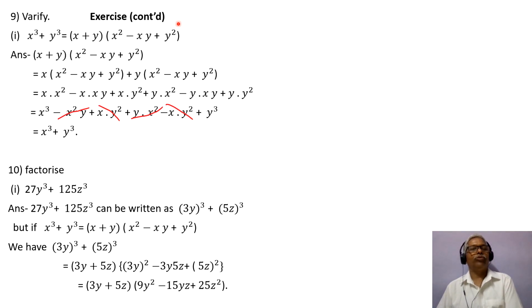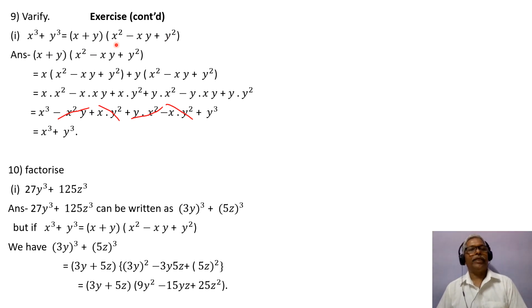So exercise continued. Why continued? Because we have seen part of this in first part. This is second part. So ninth one, verify. First one, x cube plus y cube equals (x plus y) into (x square minus xy plus y square). Answer.